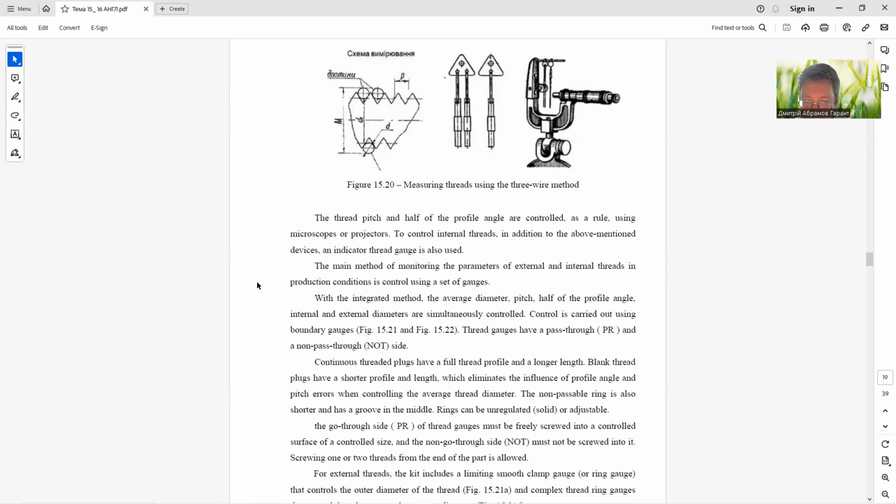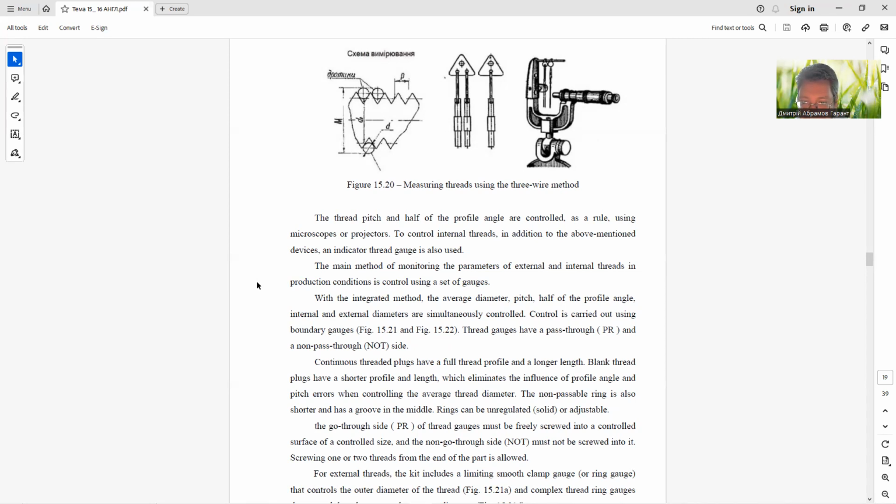With the integrated method, the average diameter, pitch, half of the profile angle, internal and external diameters are simultaneously controlled. Control is carried out using limit gauges.